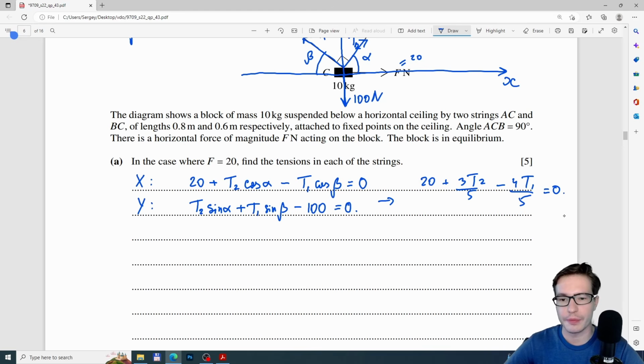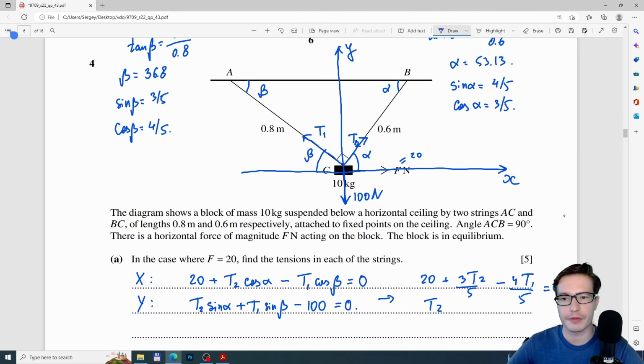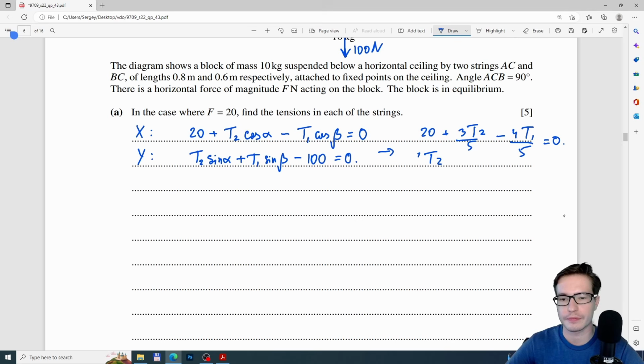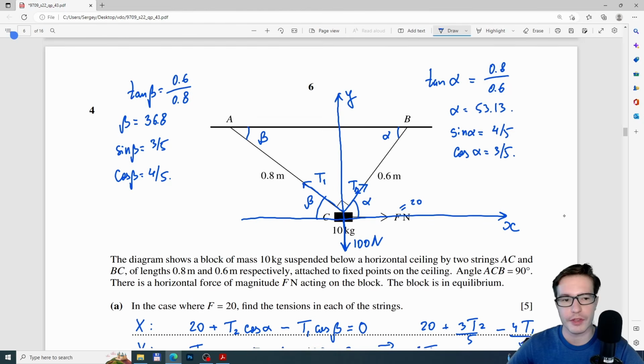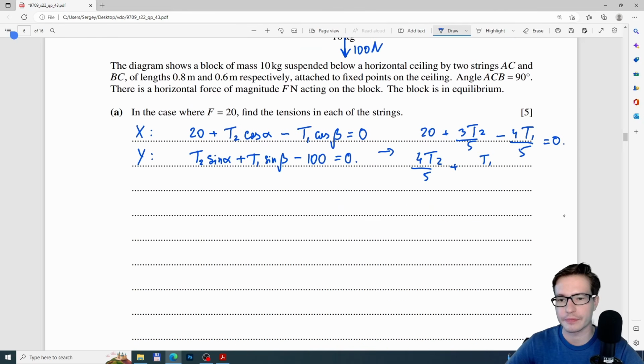Okay, T2 sine alpha is 4/5 plus T1 sine beta, that's 3/5, minus 100 equals 0.